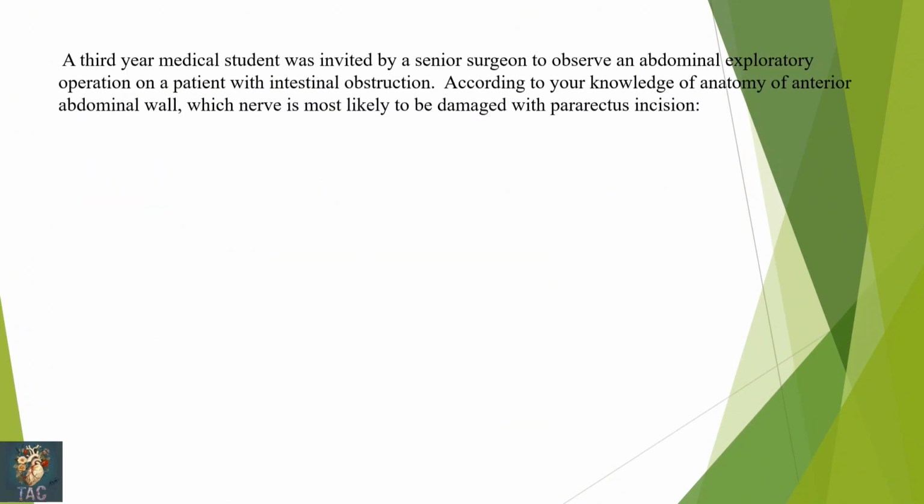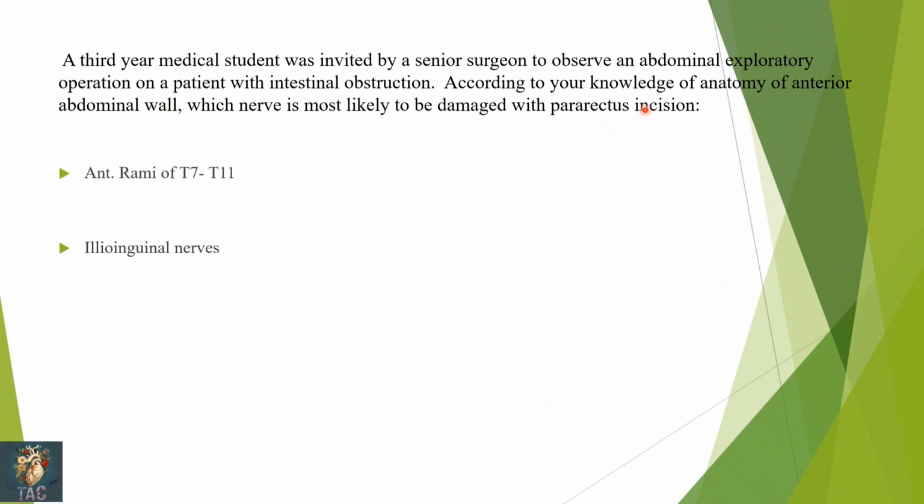Next is, a third year medical student was invited by a senior surgeon to observe an abdominal exploratory operation on a patient with intestinal obstruction. According to your knowledge of anatomy of the anterior abdominal wall, which nerve is most likely to be damaged with the pararectus incision?